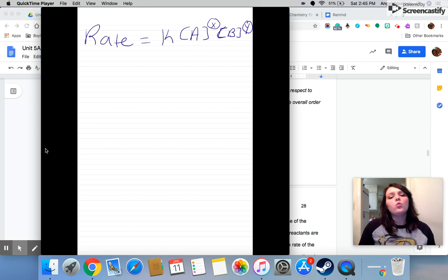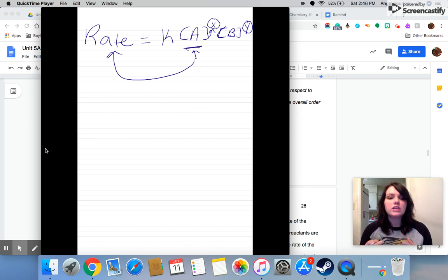So, the order of a reactant basically tells us how changing the concentration of this reactant is going to affect our rate. This is basically a shorthand way of saying, hey, if you double the concentration of this reactant, here's how your rate is going to change.